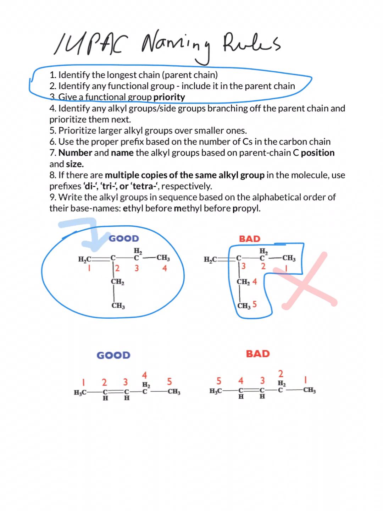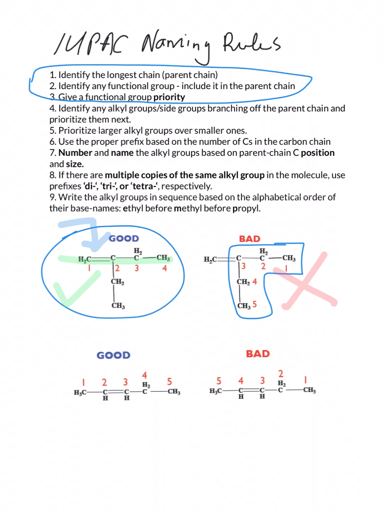You want this double bond functional group to be included, okay? And so therefore, this would be the right way to do it. Include that double bond, the alkenyl functional group, in your parent chain, and so you identify this is the parent chain 1, 2, 3, 4, and so this is a but-ene rather than a pent-ene.